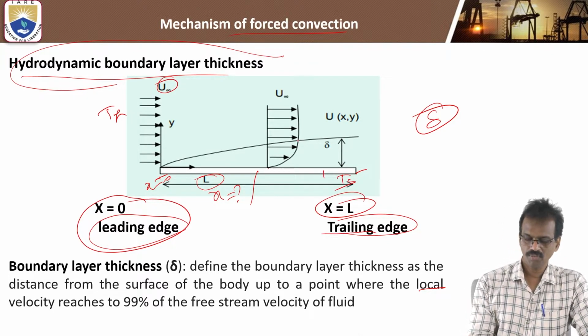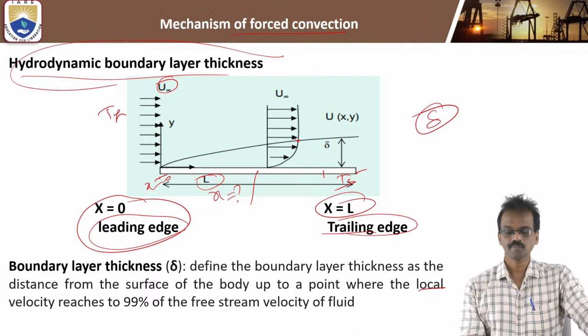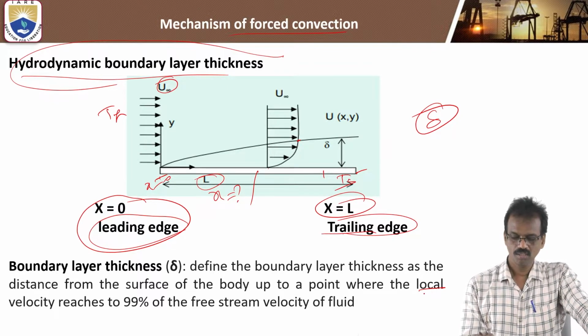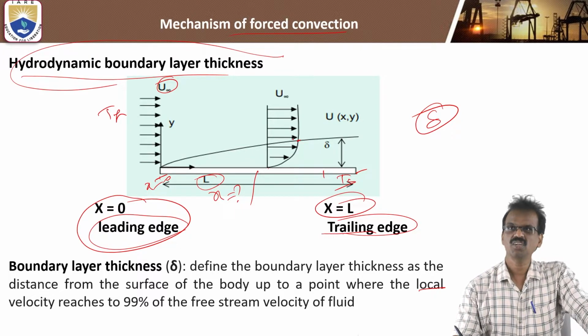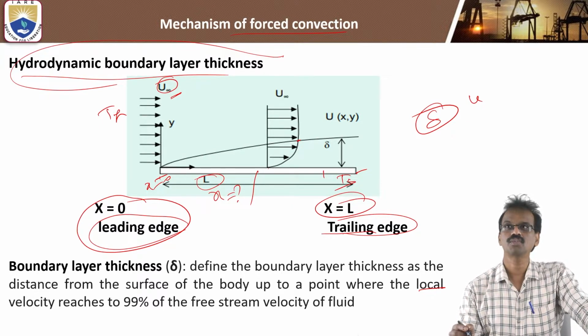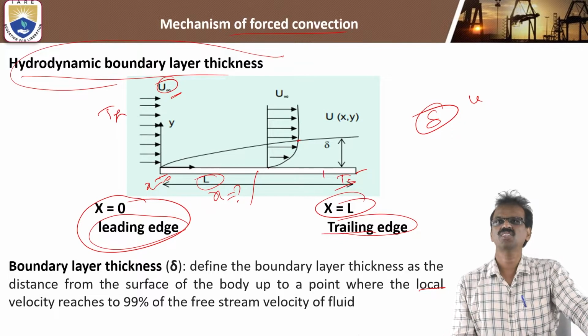This is the point where the local velocity is very near to the stream velocity. Not equal to the stream velocity, but very near to it.